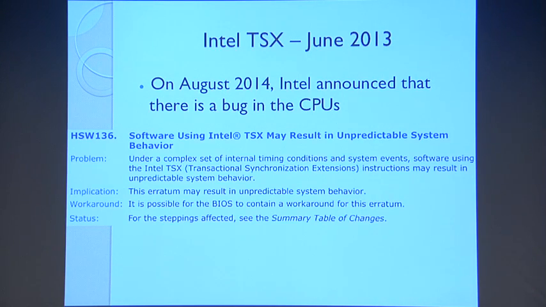Basically saying that sometimes it's not atomic, it's not working. They found it out after someone who was trying to use it to build some system did some tests and didn't get the correct results, and couldn't understand why. Then they moved that question to Intel, and Intel said, yeah, you're right.